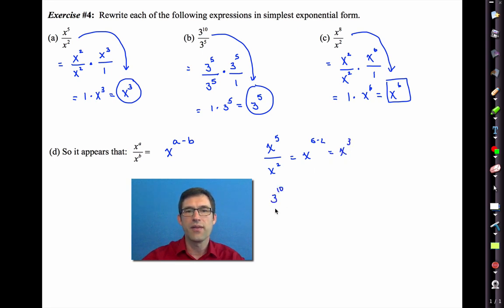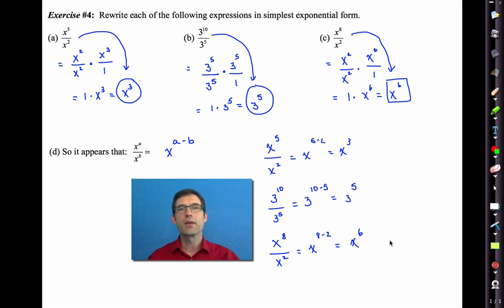Likewise, 3 to the 10th divided by 3 to the 5th is 3 to the 10 minus 5, or 3 to the 5th. X to the 8th divided by x to the second is x to the 8 minus 2, or x to the 6th.